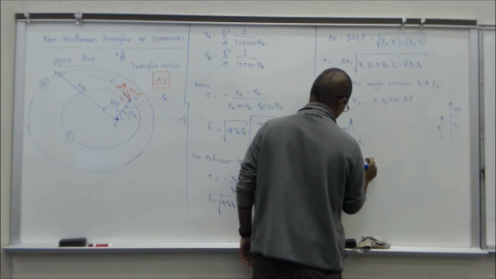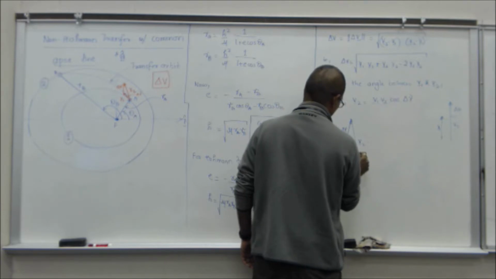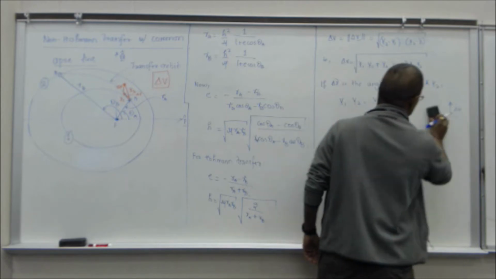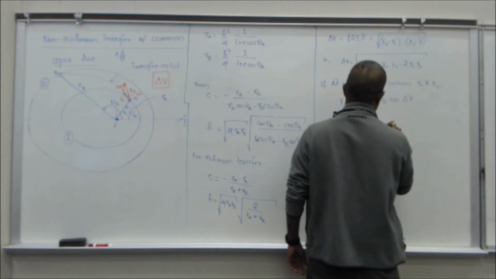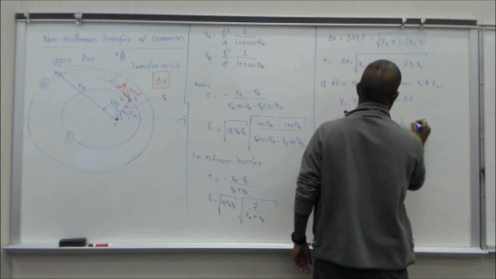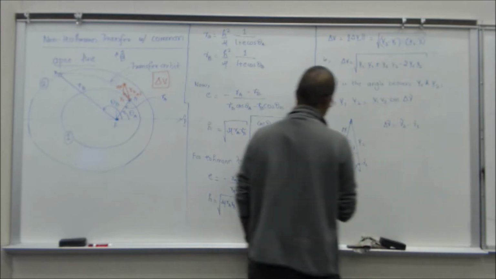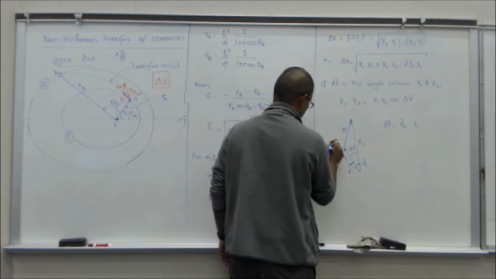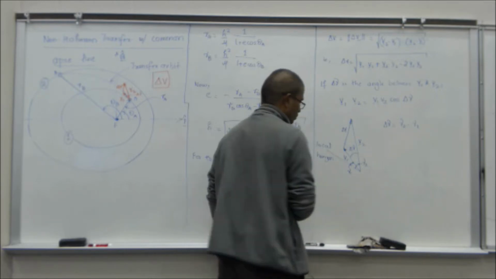This angle is gamma 2. Therefore, this angle is delta gamma. Here, delta gamma is gamma 2 minus gamma 1. This you can see local.